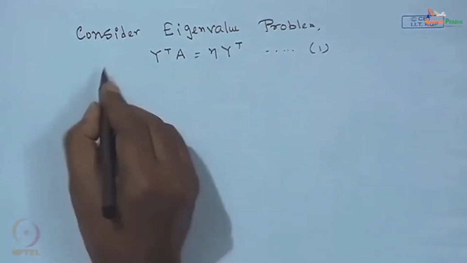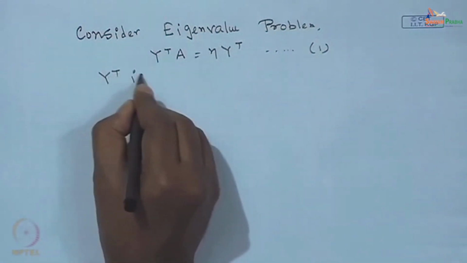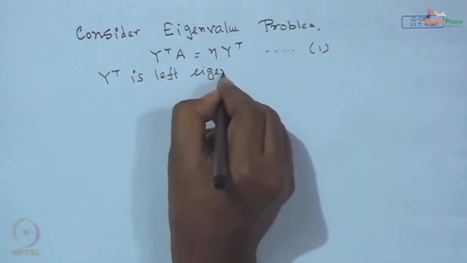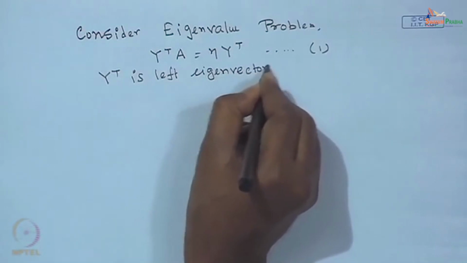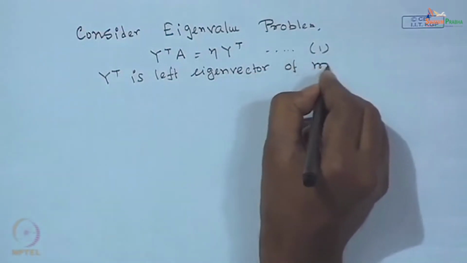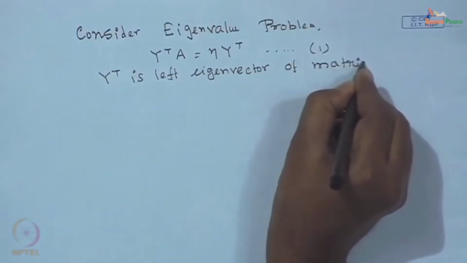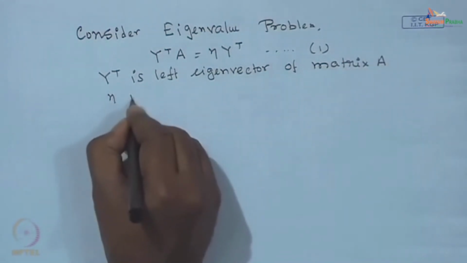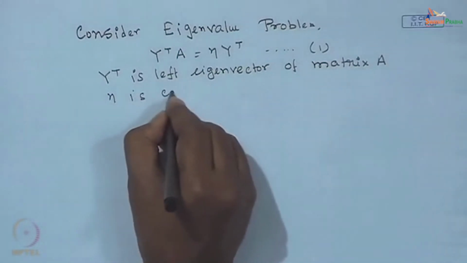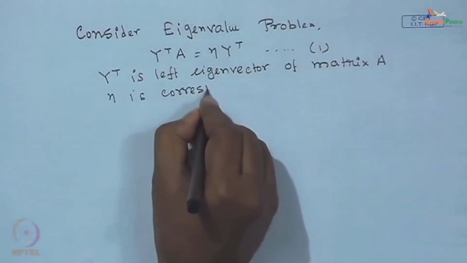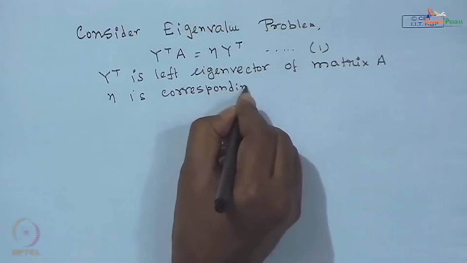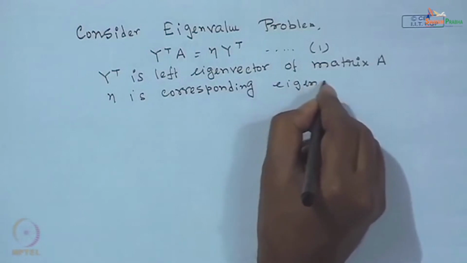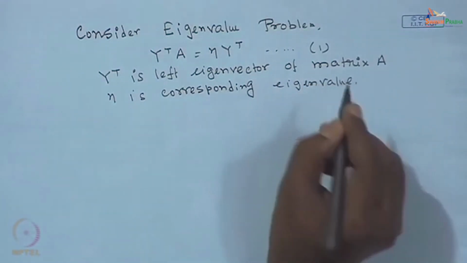In this particular equation, y transpose is the left eigenvector of matrix A, and eta is the corresponding eigenvalue.